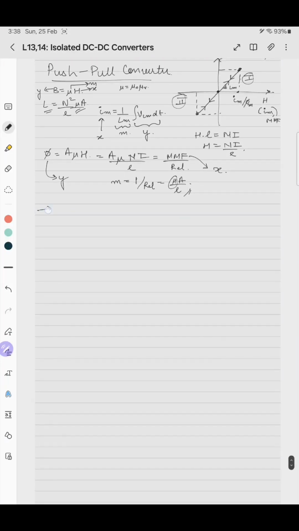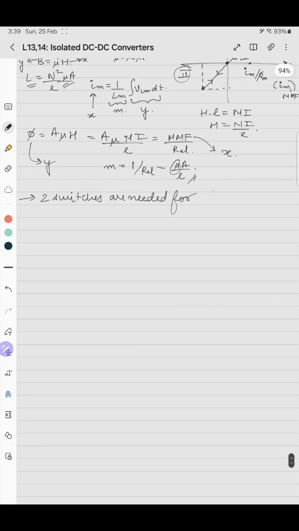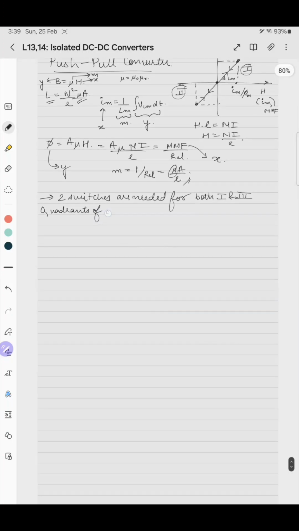So two switches are needed for both 1 and 3 quadrants of operation of BH curve.